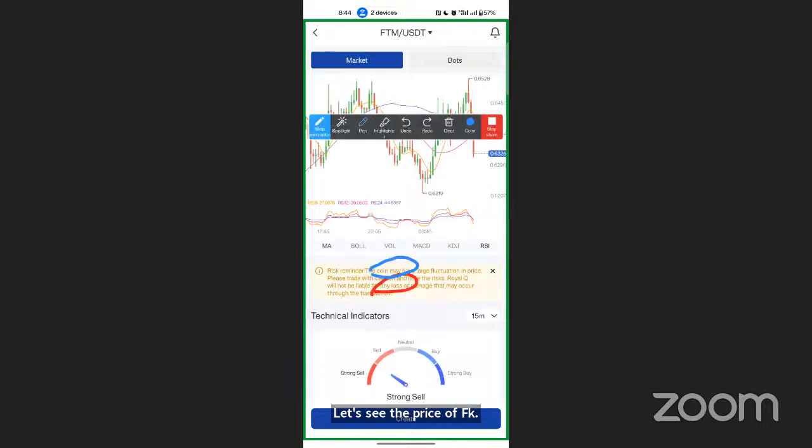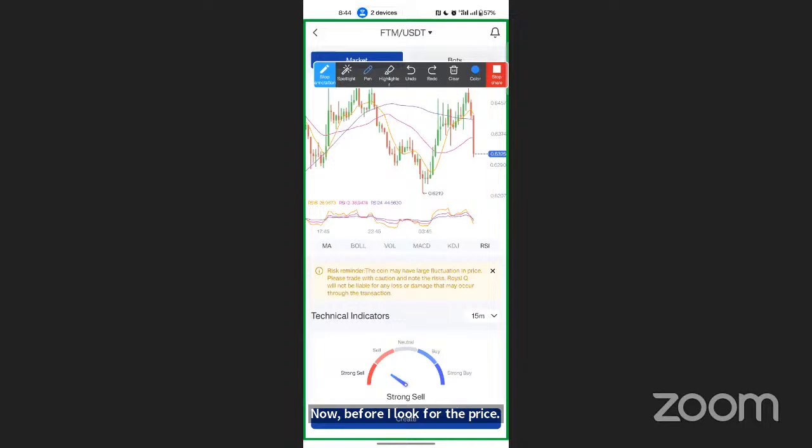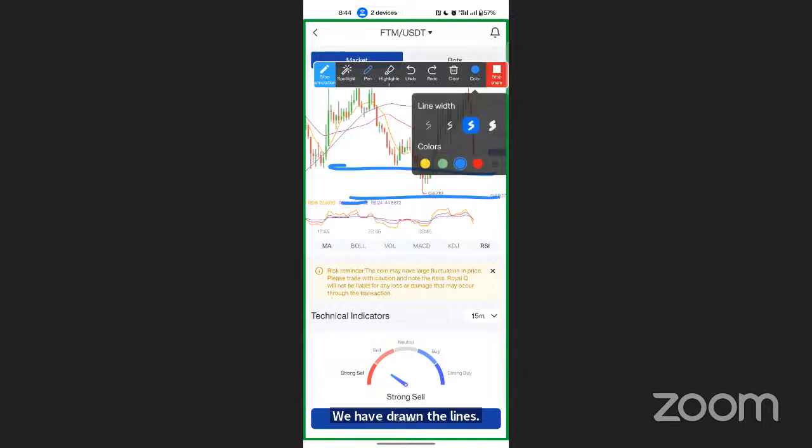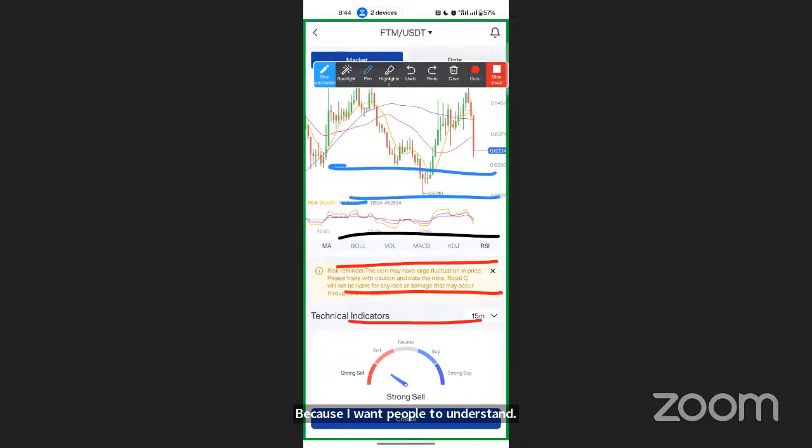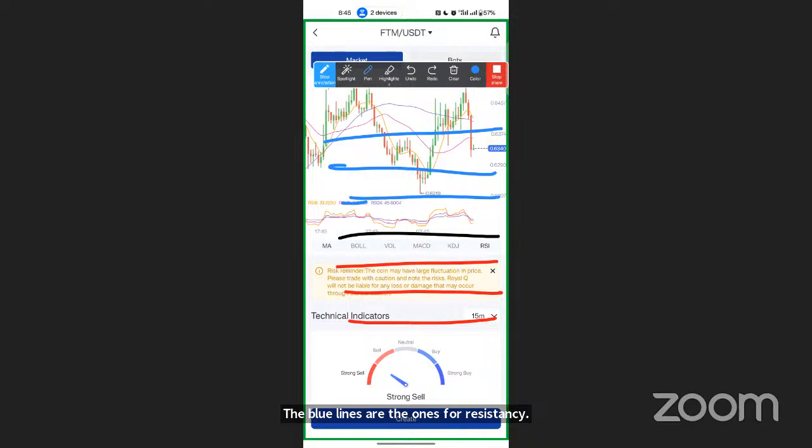Now, before I look for the price, we have drawn the lines because I want people to understand. Let me remind you. Let's say the blue lines are the ones for resistance.